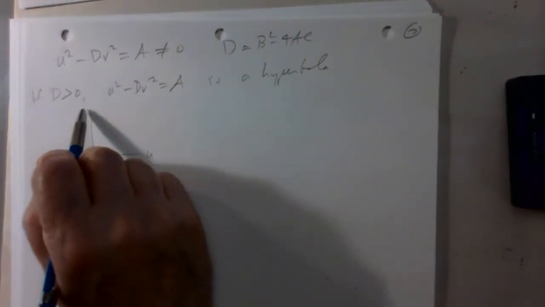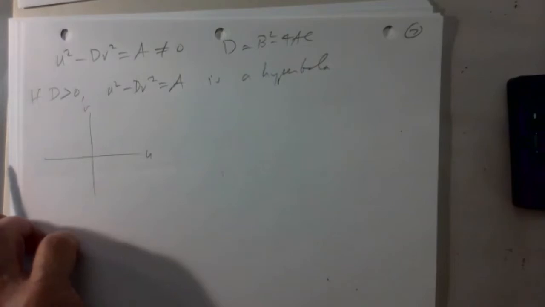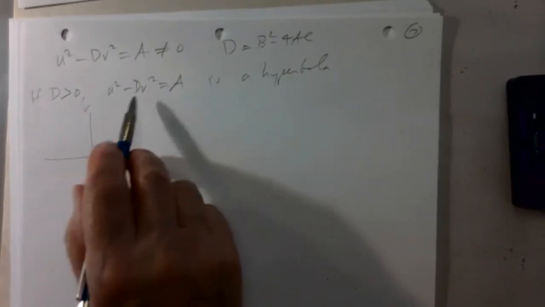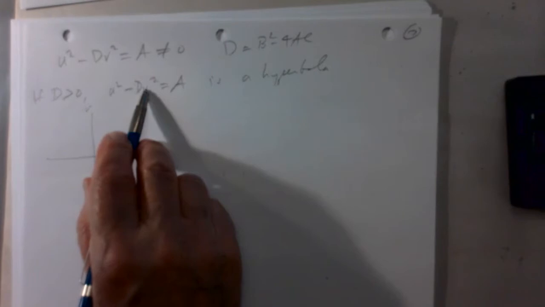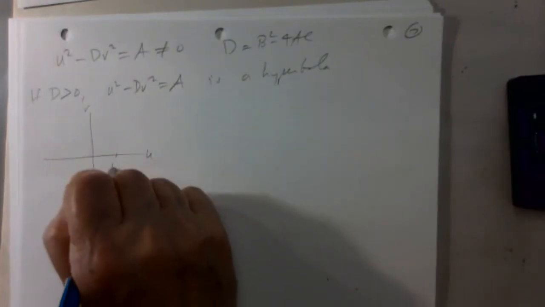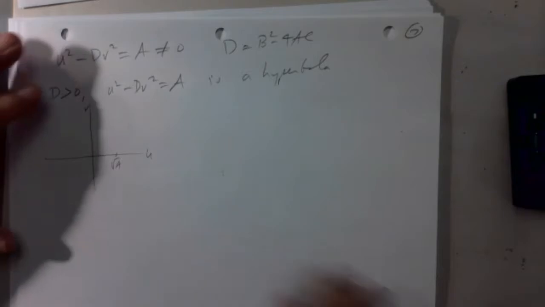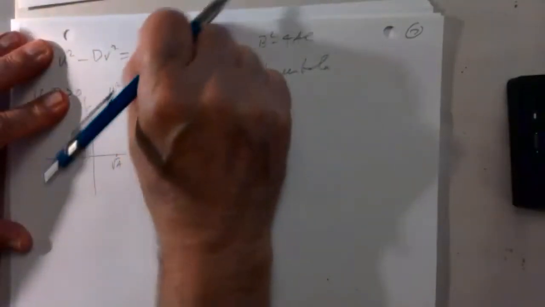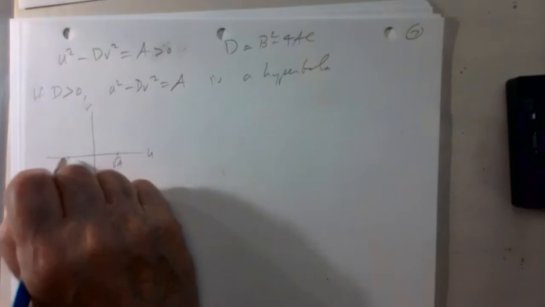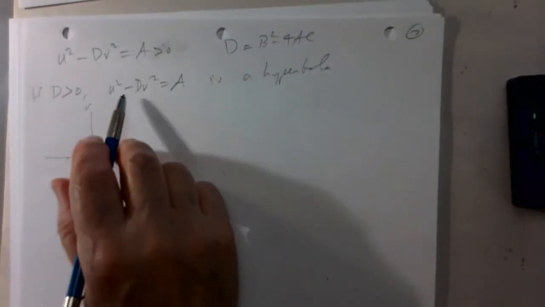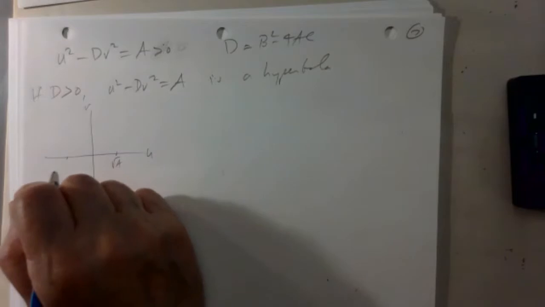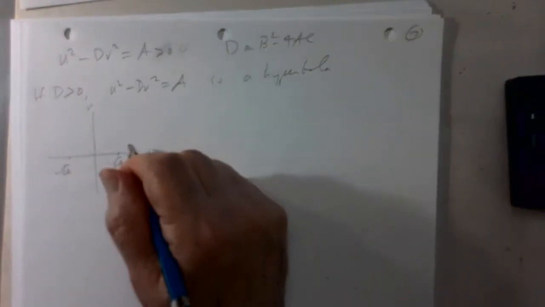This is the u axis and v axis. When v is 0, u is the square root of a. Let's just say a is positive. So when v is 0, u is plus or minus the square root of a.